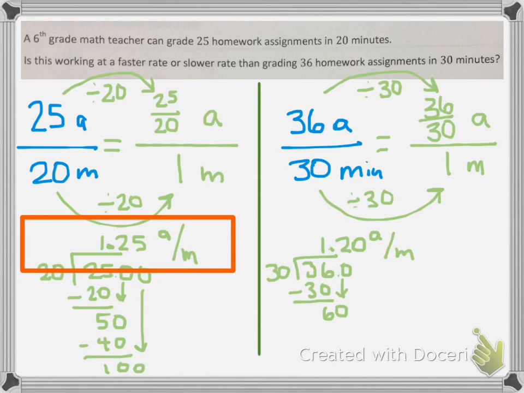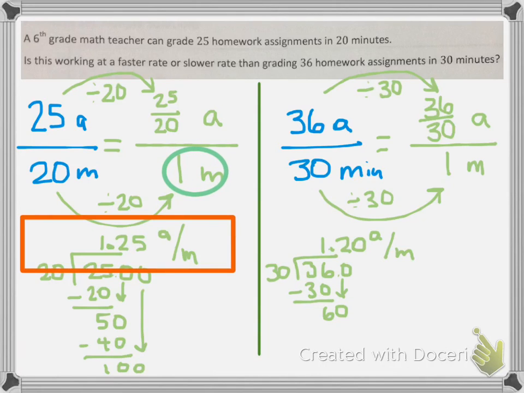So again, just using a rate to figure out a comparison, and it always goes back to, if we can make one thing the same, then we can compare the two things. So I have to make one thing the same. In this case, I've been able to make the number of minutes the same.